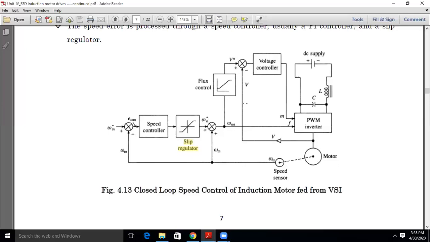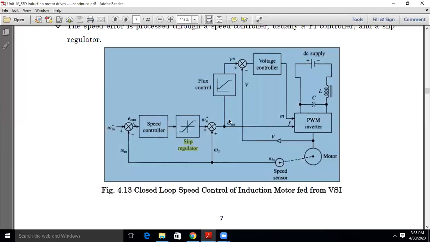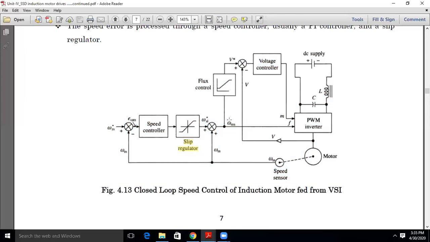We are producing the proportional voltage for the existing flux in the induction motor. Now here I am taking, let us say, omega s as the input, and the speed needs to be adjusted based on this particular flux.